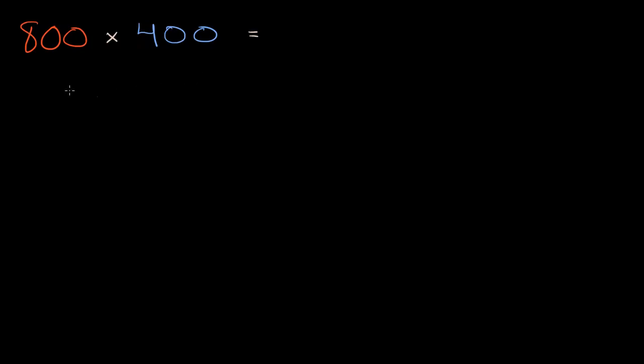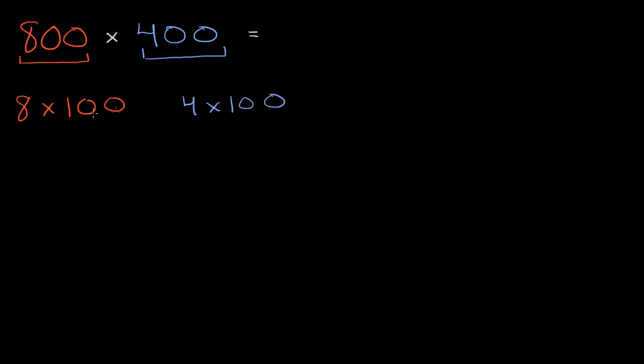And I'm going to work it out in a way that at least my head likes to tackle it. And once you get enough practice, you might even be able to do these types of multiplication problems without needing to use paper. So the key realization here is to say, well, look, this is 8 hundreds. So that's the same thing as 8 times 100. And this over here is 4 hundreds. So this is 4 times 100.